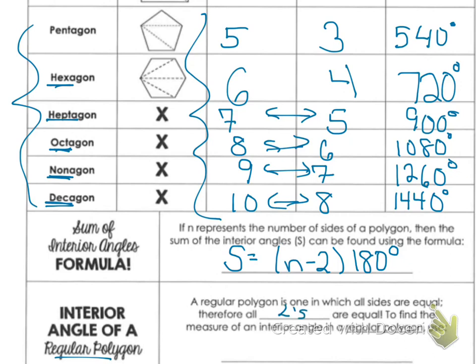So to find the measure of the interior angle in a regular polygon, we use our sum of our interior angles, and we divide it by the number of sides. Okay. And that gives us the measure of our interior angle.